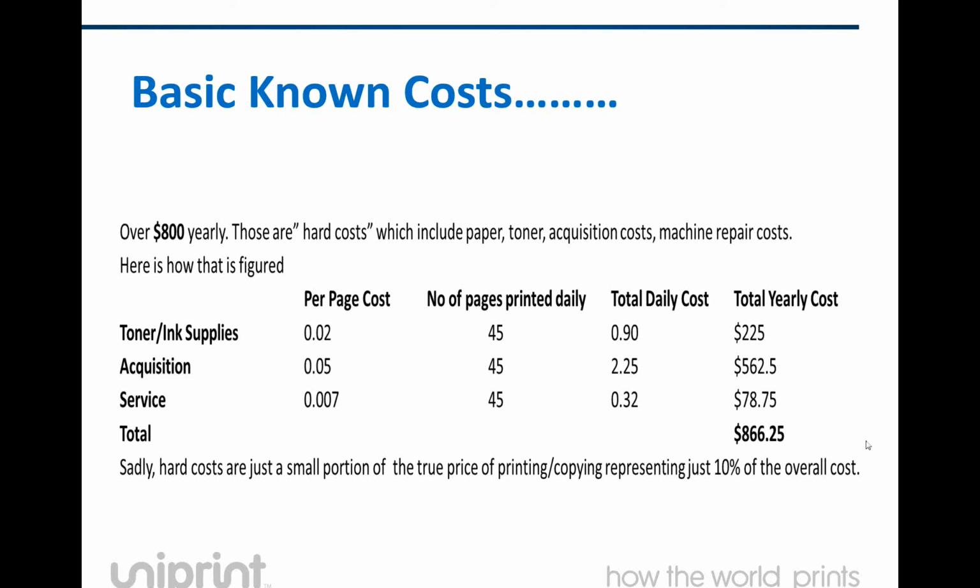But most endpoint manufacturers will actually give you those costs, and you can work those out. And they're what most companies work on. They say, oh, it costs us $800 roughly a year. What's that? 500 euro, £450 a year. It's going to cost me to run this printer per user, and therefore it's a known cost within the business.